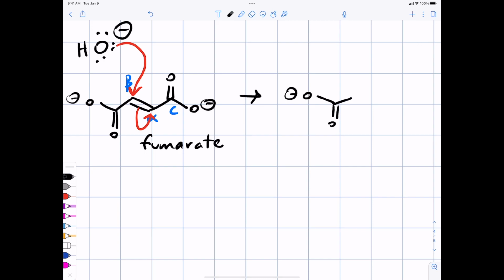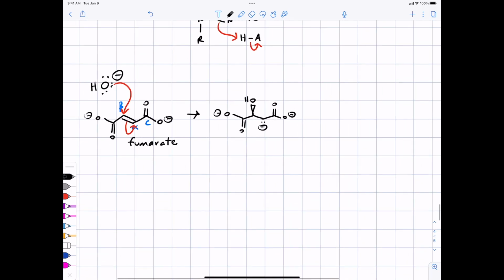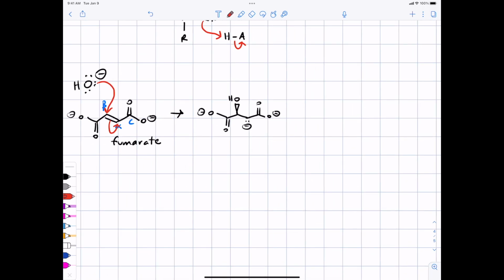That puts the oxygen adjacent to one of the carboxylic acids. I'm showing you stereochemistry there, but I probably didn't need to. The alpha carbon picks up a proton from some source, probably the enzyme.